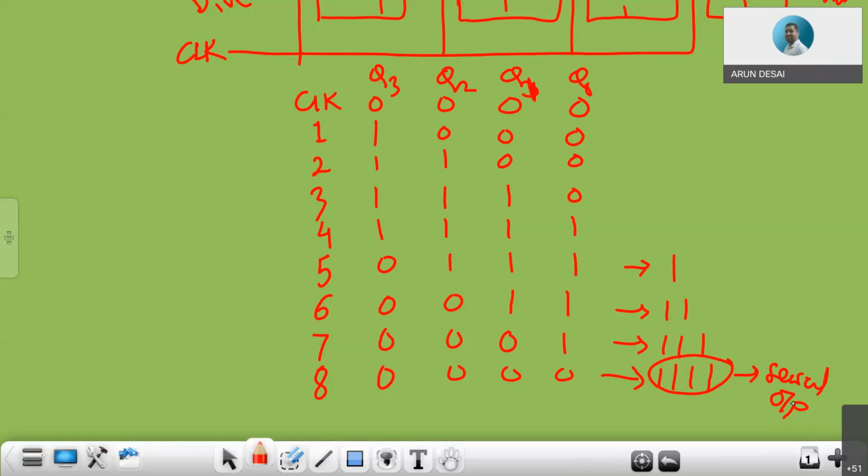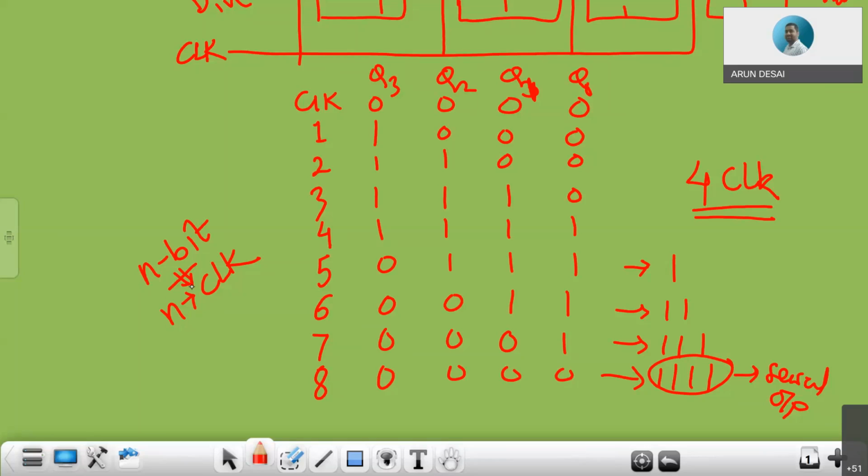So we require four extra clock pulses to get that data out from those flip-flops. That means however many data bits there are, that many clock pulses we require to get that data out from the register. This is basically a drawback.